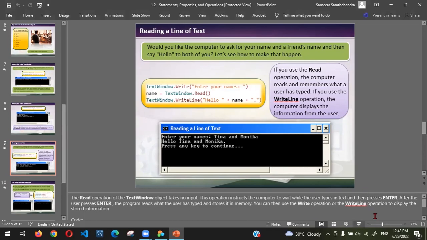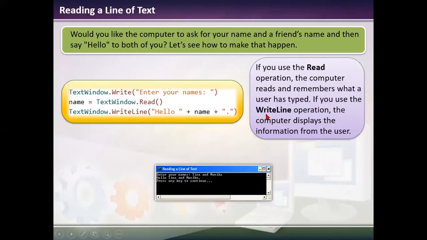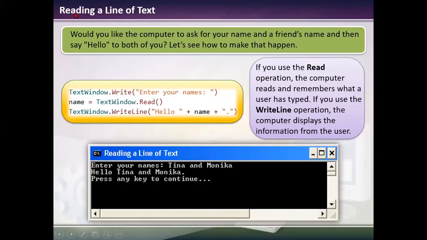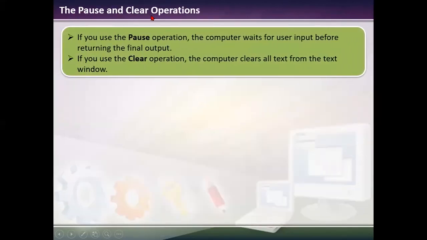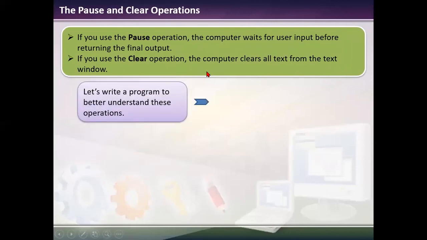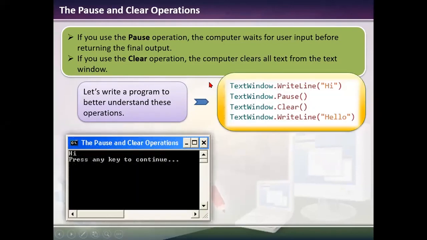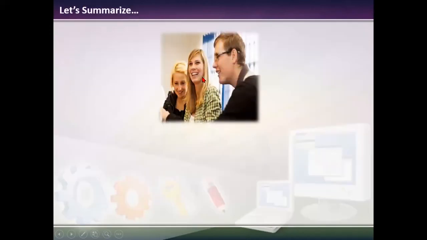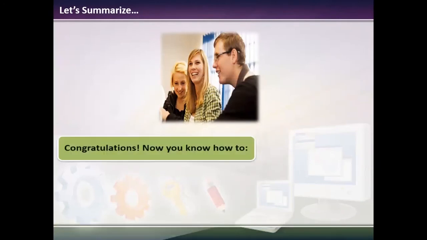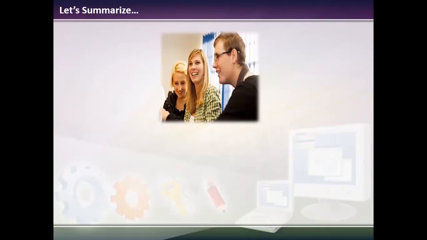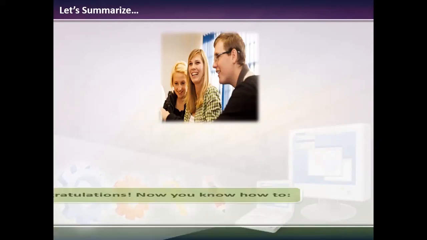For the Read operation, there is a practical. For the Pause and Clear operations, there is a practical. Likewise there are practicals. So the summary: you can do those practicals and see the outputs by yourself. I don't have enough time.